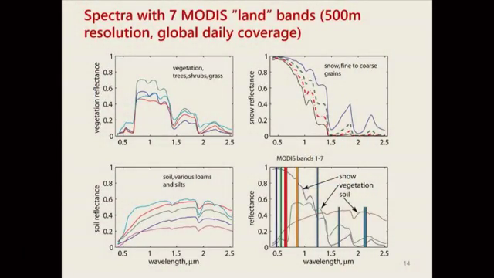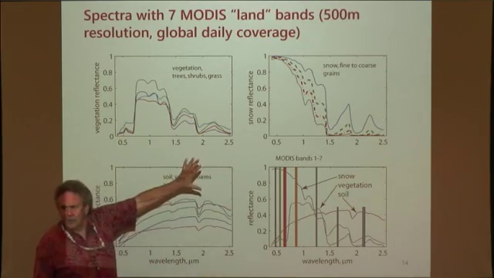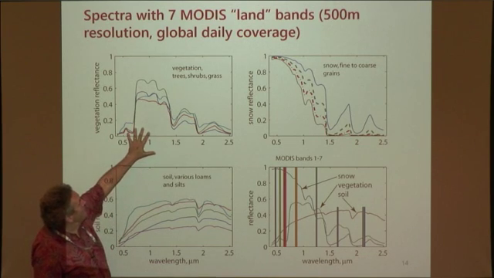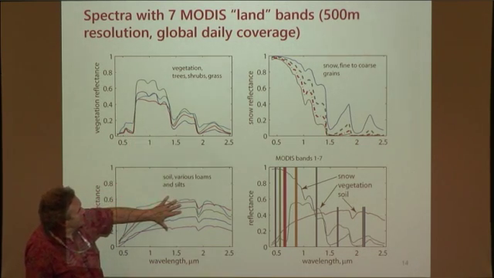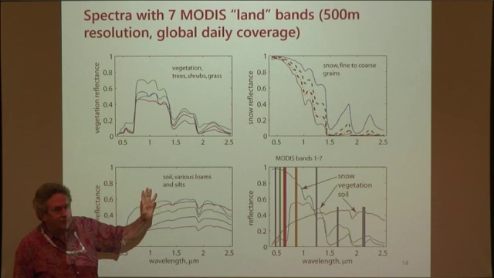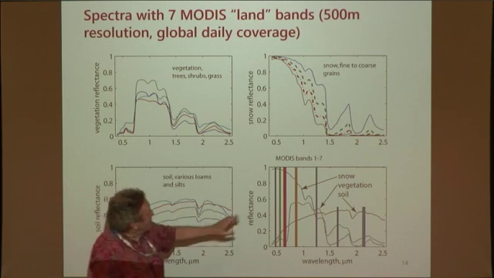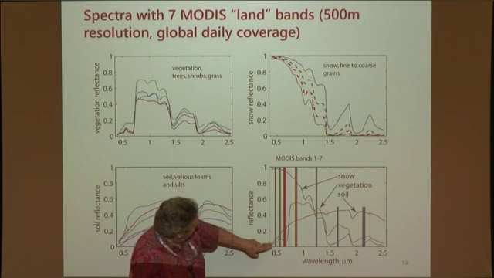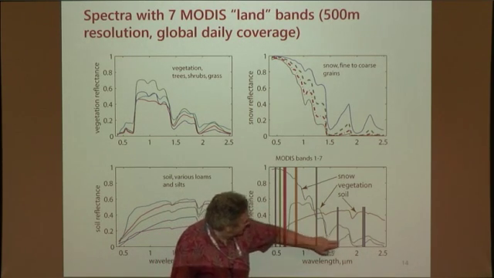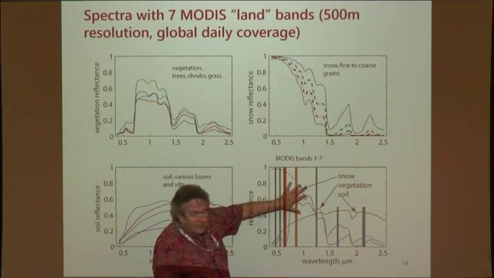Okay, so what this means is that if you compare snow to the other things that occur on Earth's surface, here's vegetation, here's different kinds of soil. First of all, there's a lot of variability in snow. If you go out beyond the visible, snow is one of the most colorful substances in nature, right? But you also see that if you compare it to the wavelength bands of MODIS that are here, it really is distinctive.